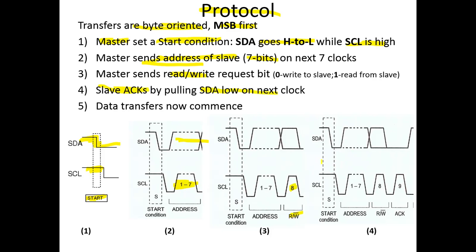So here it is called acknowledgement, and it is done by the slave. Once the slave acknowledges, that means the slave now is aware that it is selected. Now we can initiate the transfer. According to this bit, it can be from the master to the slave or from the slave to the master.